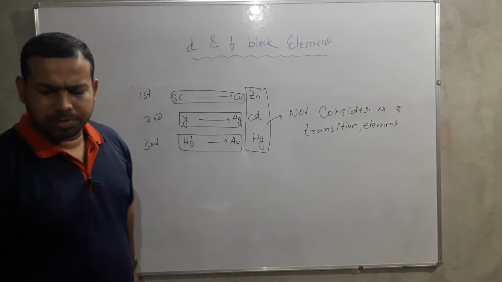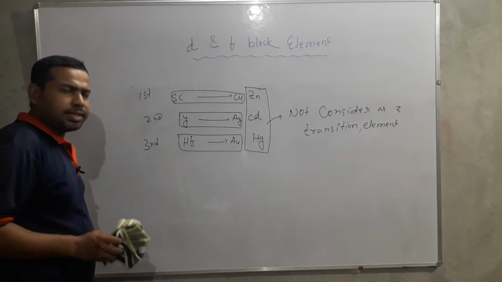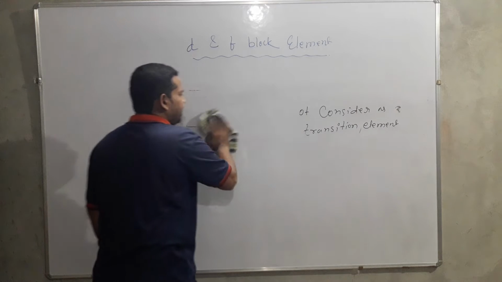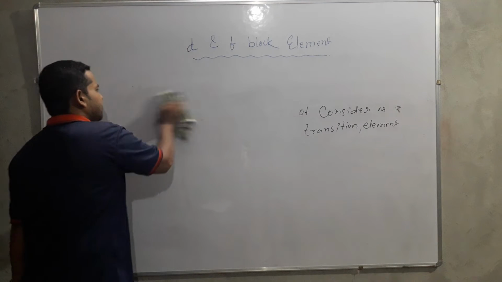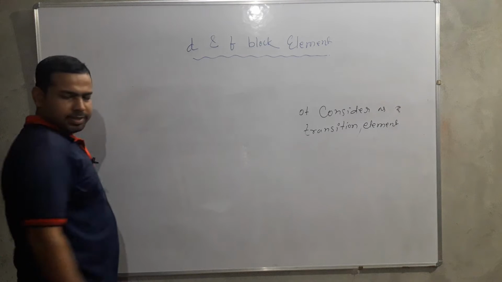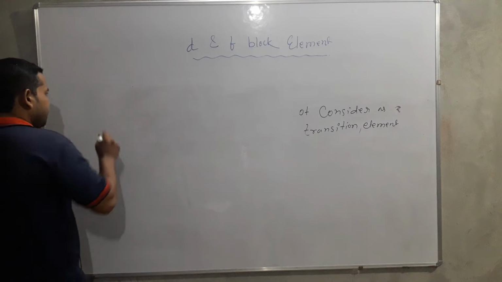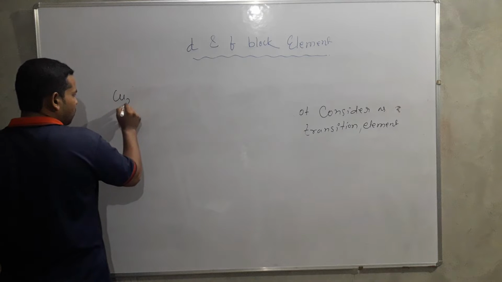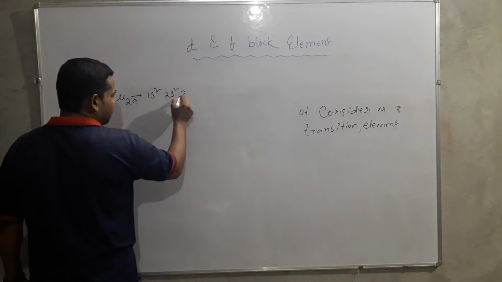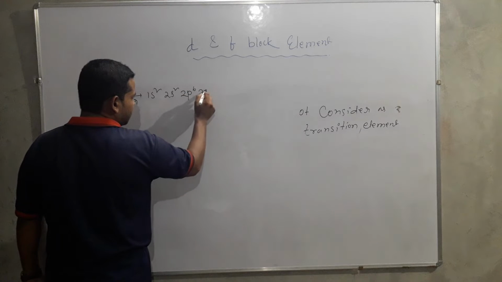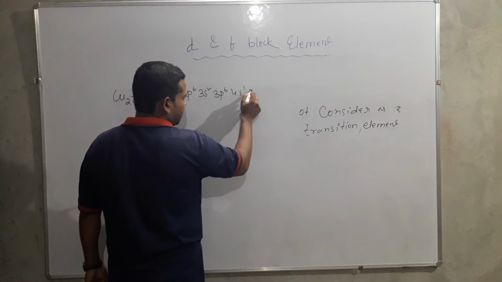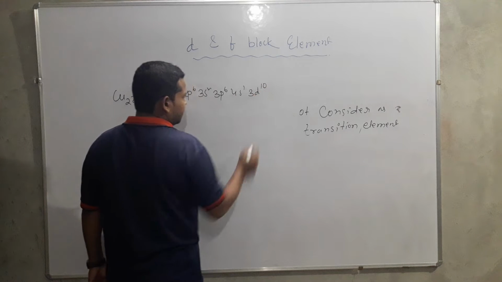What is the basic difference between copper and zinc? If you consider copper and zinc, copper has atomic number 29: 1s2, 2s2, 2p6, 3s2, 3p6, 4s1, 3d10.